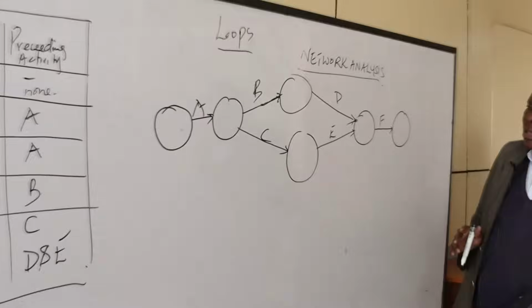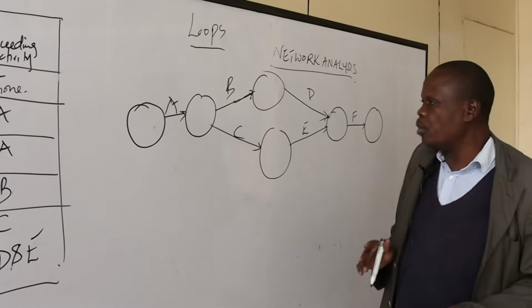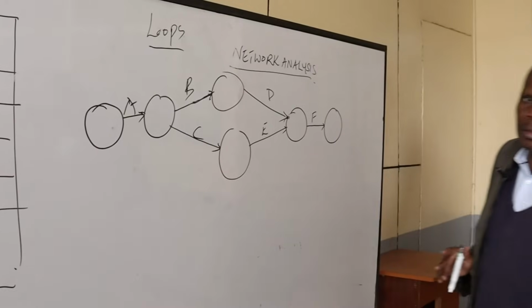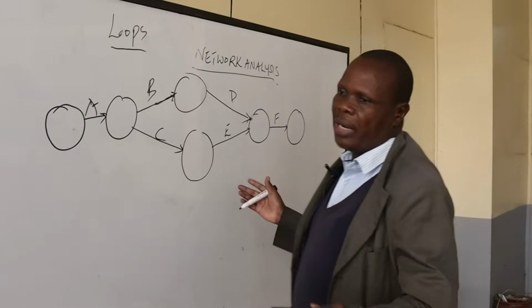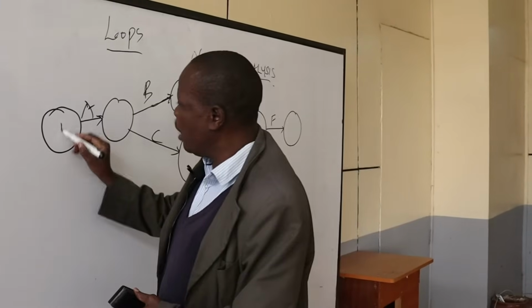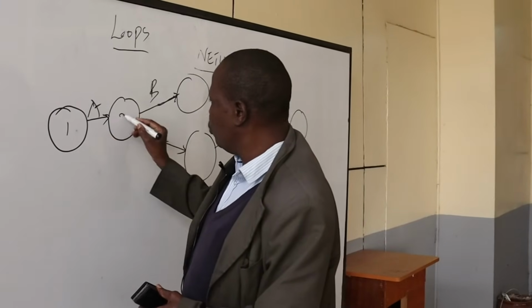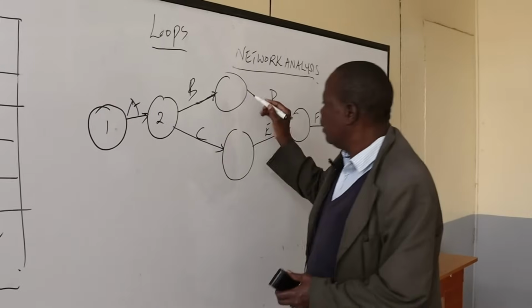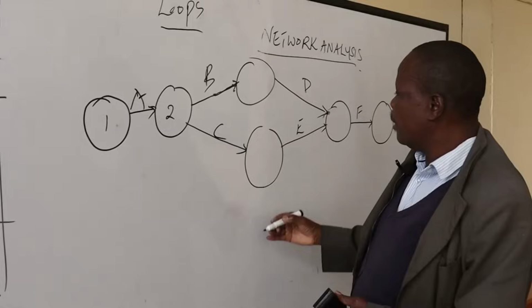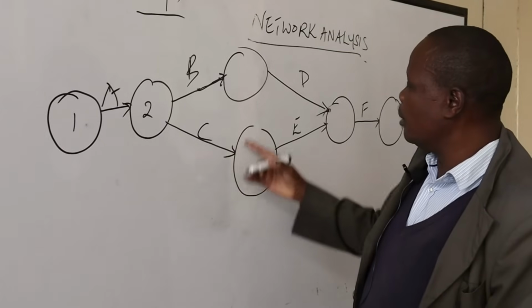Now, the next thing left is that we must number the events. Events are numbered using a very basic sequence from left to right. This is 1, 2, 3. If they were existing in the same plane, this one could have been 3 or 4.